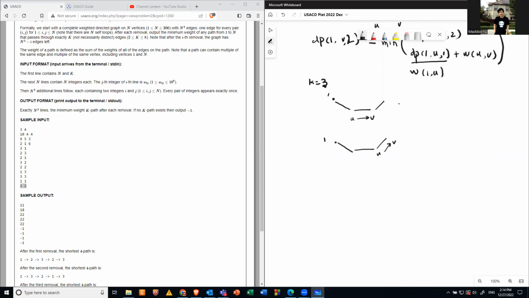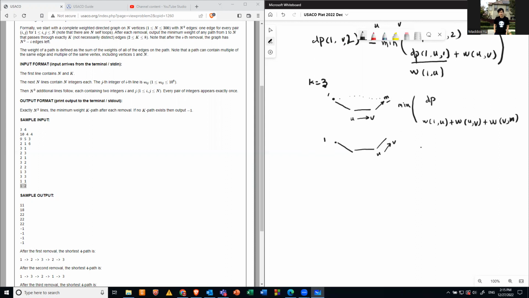In this case, it is the minimum of the original dp, or this edge plus this edge plus this edge. So you basically have to iterate through all the points V can go to. For each point that V can go to, you take the minimum of weight of 1 to U plus weight of U to V plus weight of V to M. That's your shortest path from 1 to M.